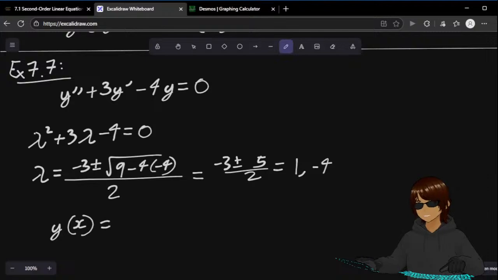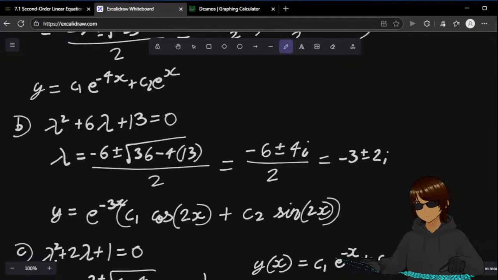And so the solution is y equals c1 e to the power of x plus c2 e to the power of minus 4x. I think I did this before.